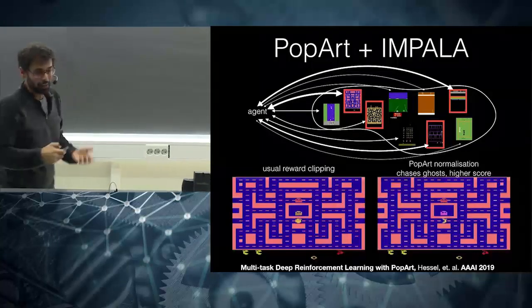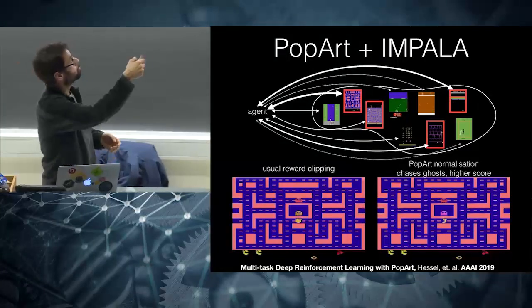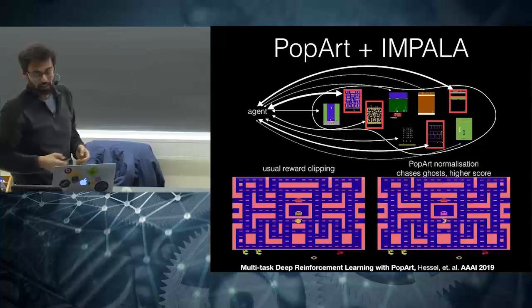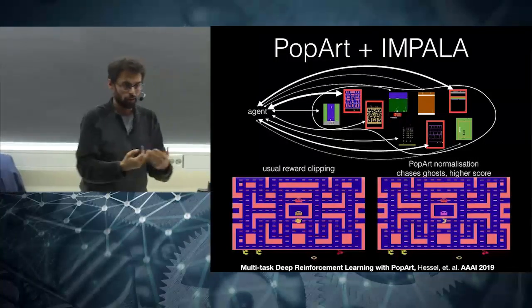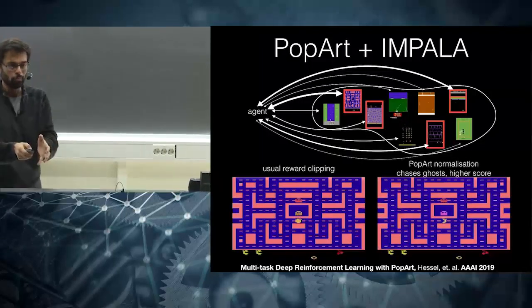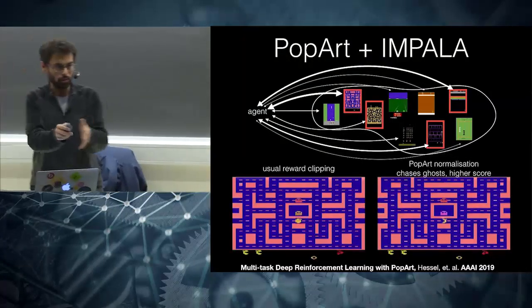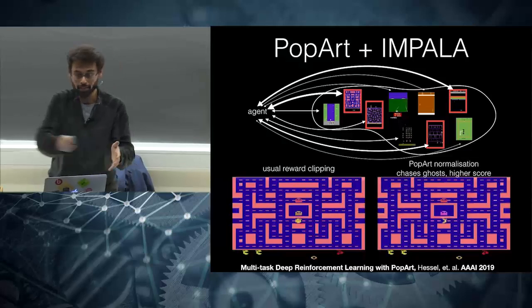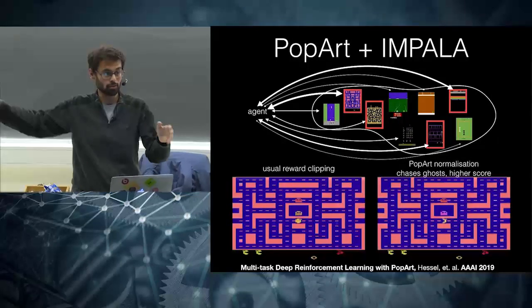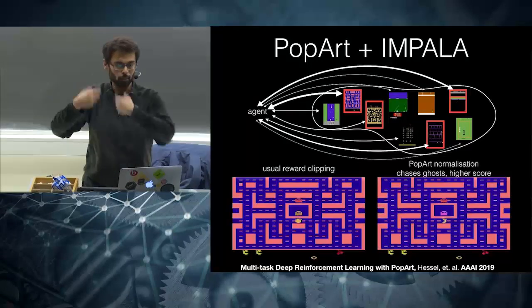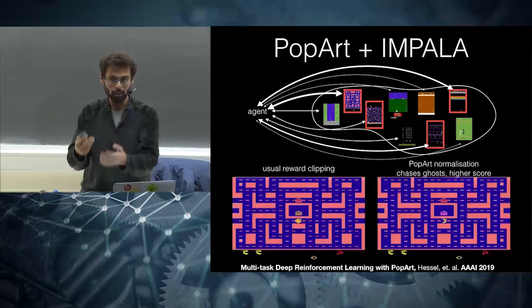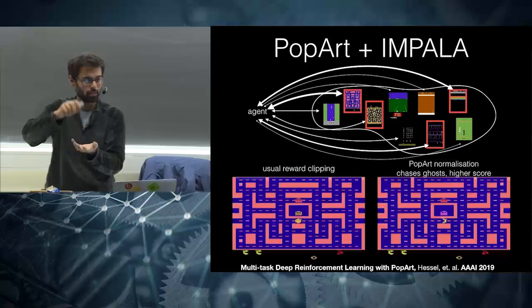To prevent that from happening, this PopArt idea basically normalizes the returns within each game to a certain scale, so that all scales are equal across all tasks. They are the same scale. And so the training updates, the gradient updates that you get from each task, would be the same scale.